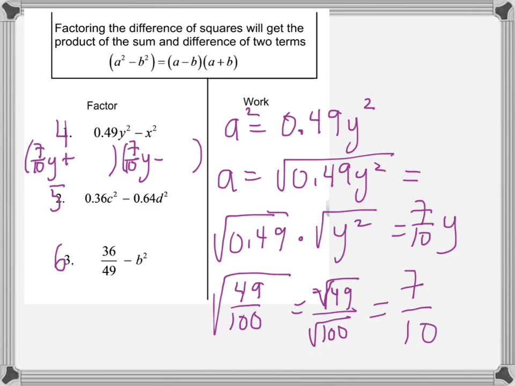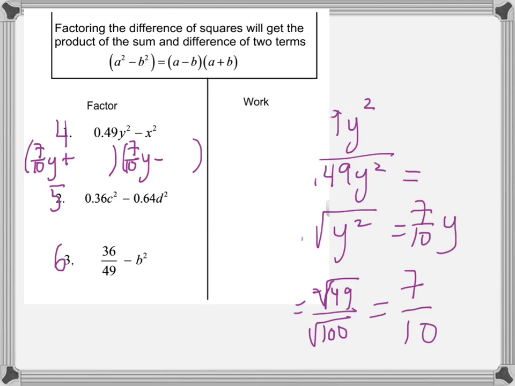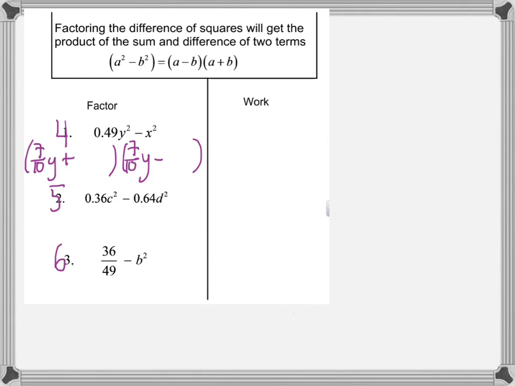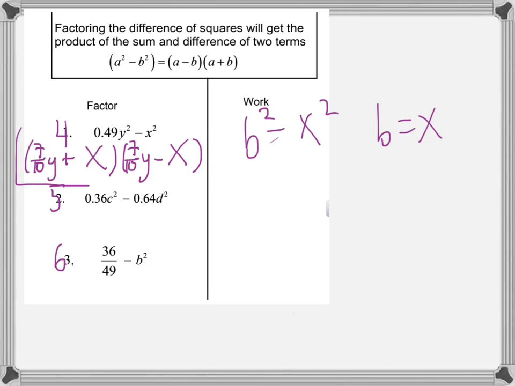Okay, and so our b squared term is x squared, so it's not that difficult to figure out what b is. b must be x, so that's going to be the last thing there. So it's 7/10 y plus x times 7/10 y minus x. Okay, so you can see, use the method that we did before.